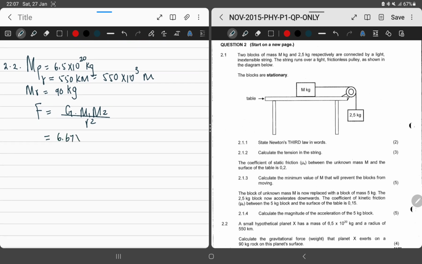This is 6.67 times 10 to the exponent of negative 11, M1 is 6.5 times 10 to the exponent of 20, M2 is 90, over 550 times 10 to the exponent of 3, all squared.